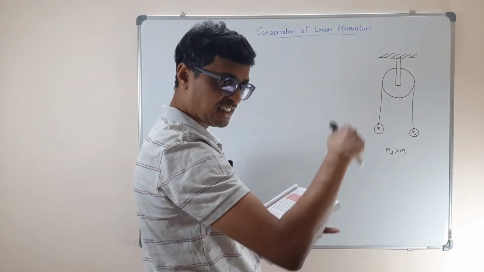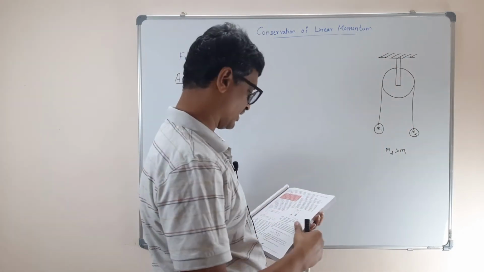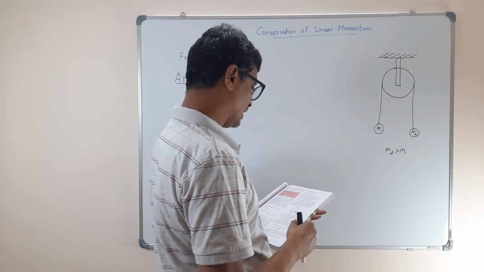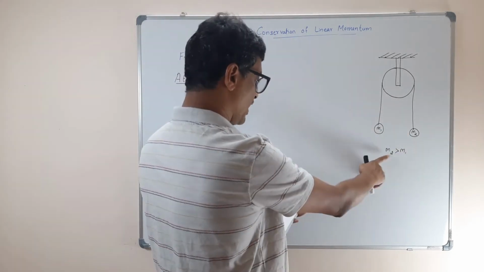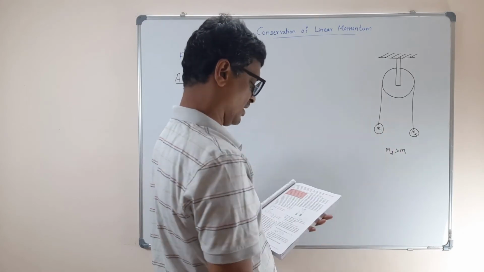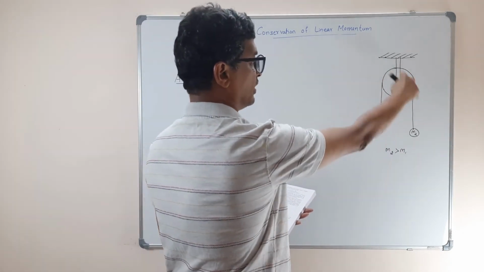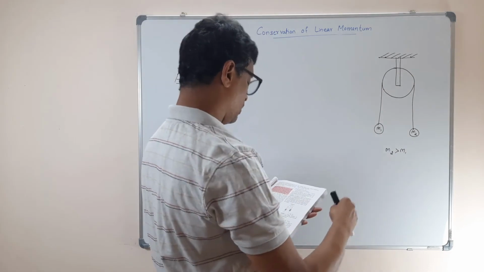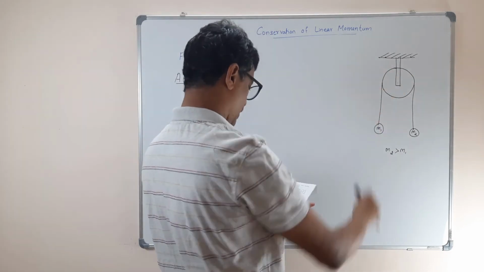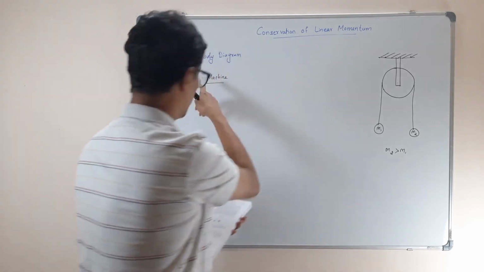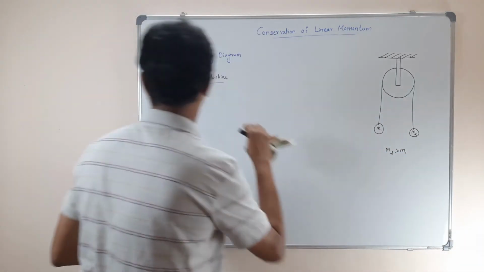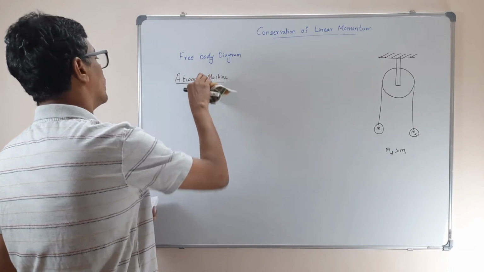The string doesn't have a mass and cannot be extended, with masses m1 and m2 attached, and m2 is larger than m1, attached to both ends of the string and passing over a pulley. Such an arrangement is called an Atwood machine.